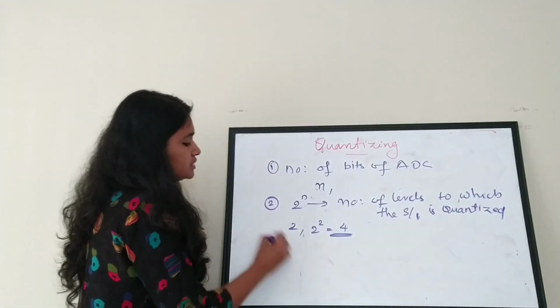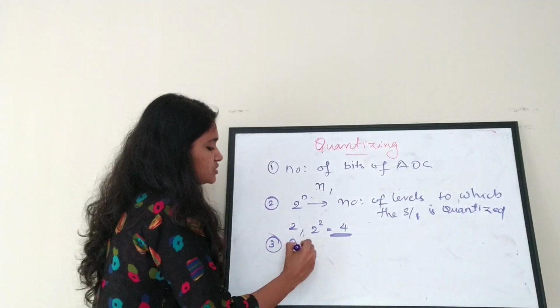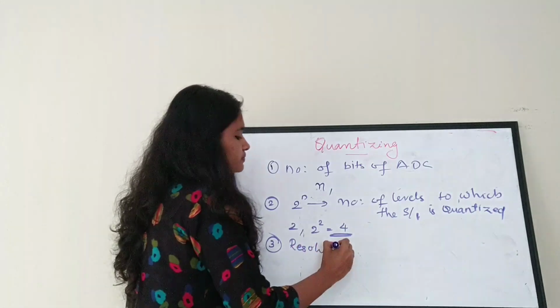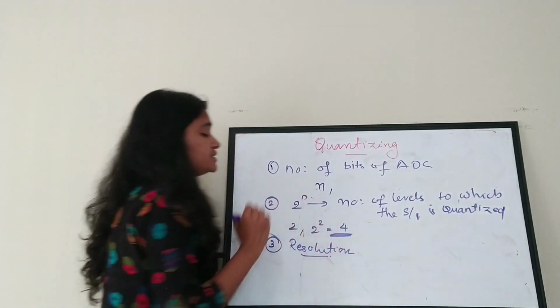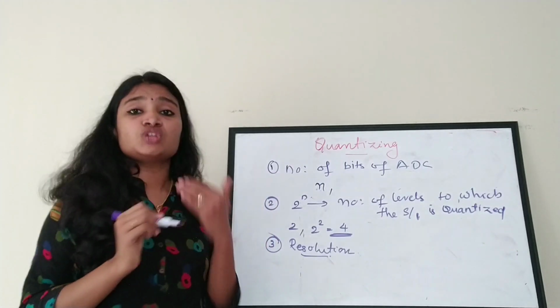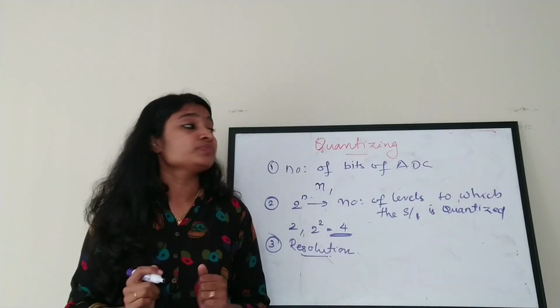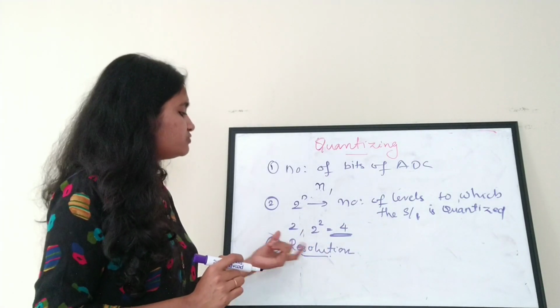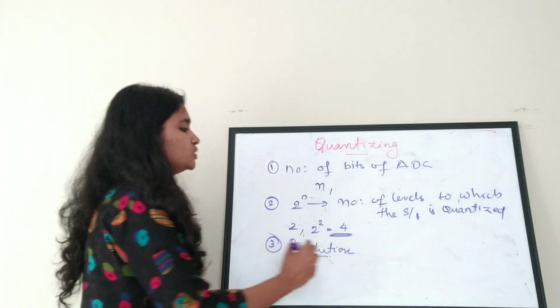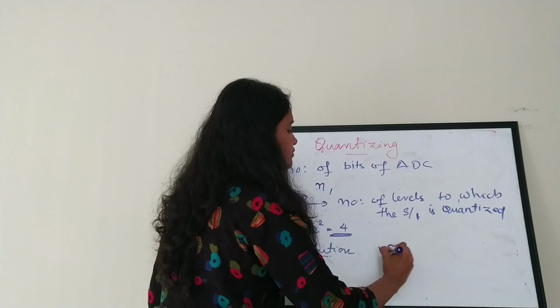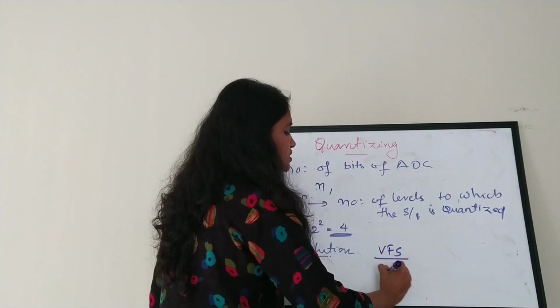Next, the third thing you should understand is resolution. Resolution is defined as the minimum change in the input voltage that the ADC can detect, and it is given by the equation VFS by 2 raised to n.